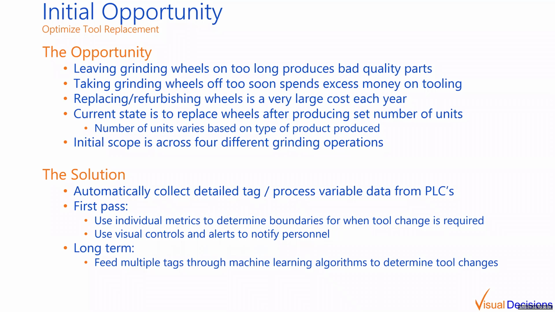As a first pass, we were using individual metrics to look at boundaries and alerts for when the tool should be changed, and using visual controls and alerts to notify personnel. And over the long term, we're using the machine learning algorithm to monitor multiple tags to do predictive analysis on when to make those tooling changes.